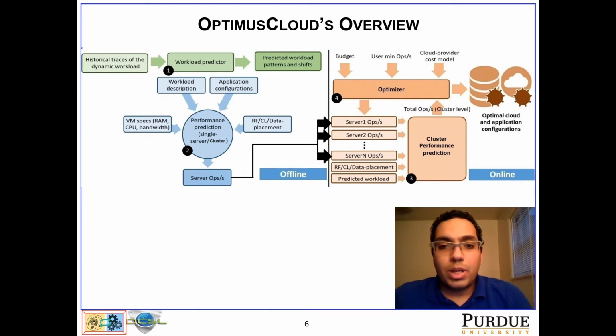The fourth component takes this total ops per second for the cluster and performs the optimization given the user's budget and the minimum ops per second, as well as the cloud provider cost model, to find the optimal cloud configurations as well as key value store configurations for our cluster.